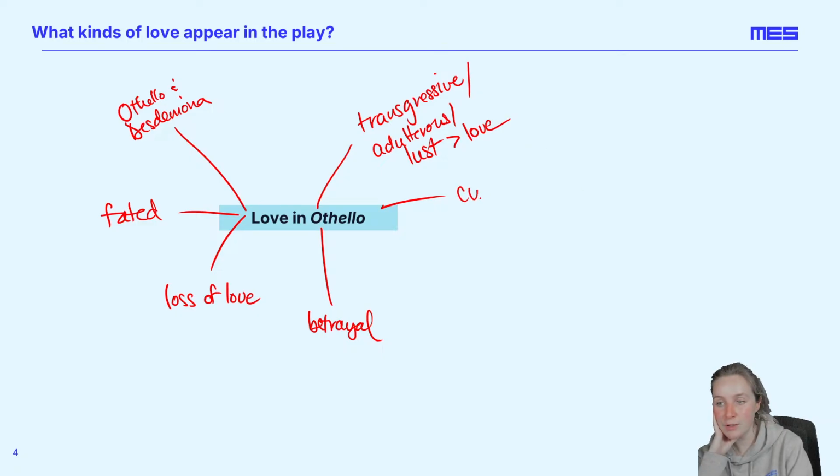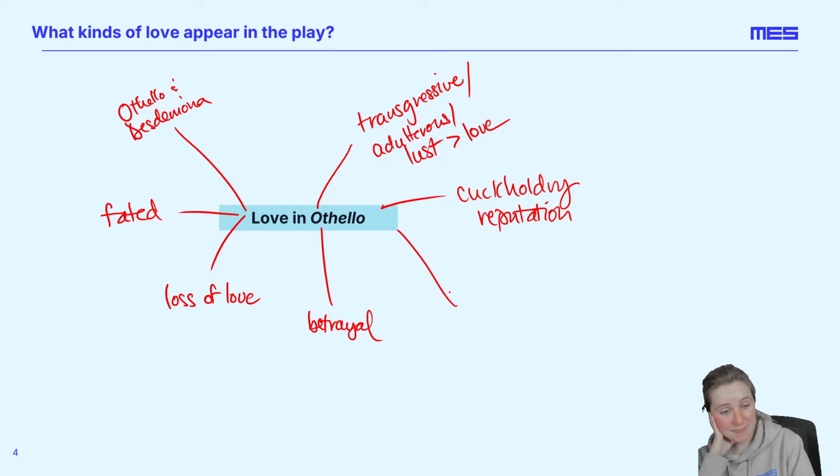This idea of cuckoldry, what does that bring us to? Ideas of reputation. Could we argue that Othello doesn't really care as much about Desdemona as he does about his reputation? Absolutely. This idea of love to power. M11, 100%.